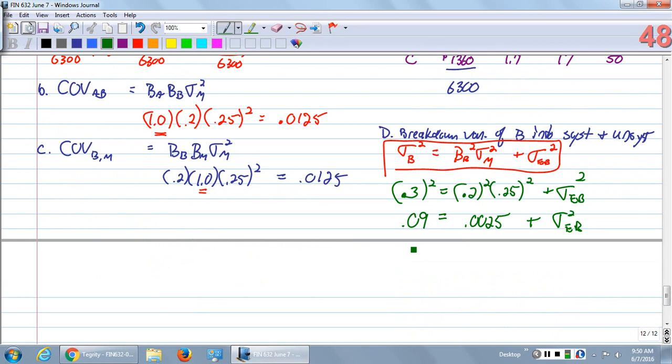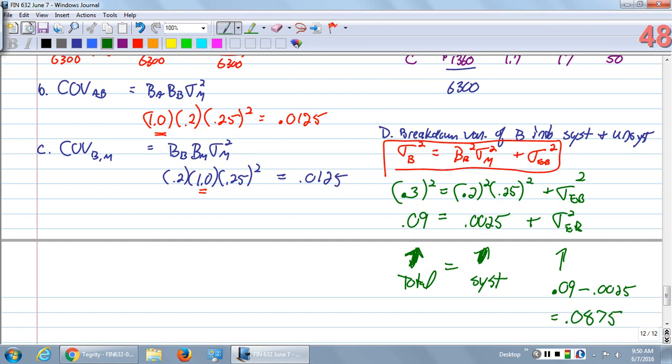If our total risk is 9%, and our systematic risk is 0.0025, then our unsystematic risk must be 0.09 minus 0.0025, which gives us 0.0875.